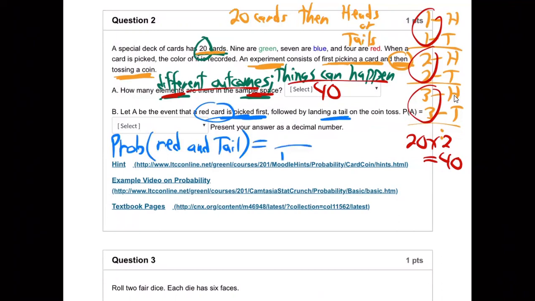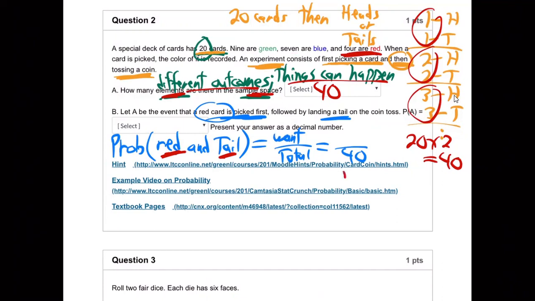Remember, on the bottom goes the total, and we've already decided that the total for mine is 40. 40 different things can happen. Well, and then the number on the top is the number you want. Okay, well, how many of those are going to be a red card and a tail? Well, how many red cards are there? It says 4 cards are red. There's 4 cards that are red. 9 are green, 7 are blue, 4 are red. 4 red cards.